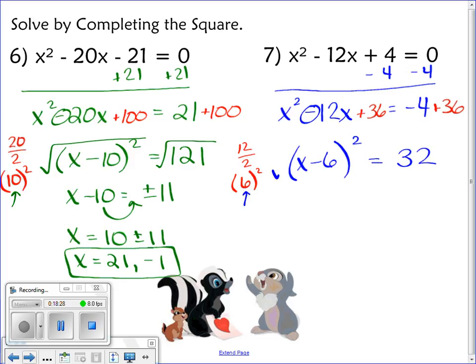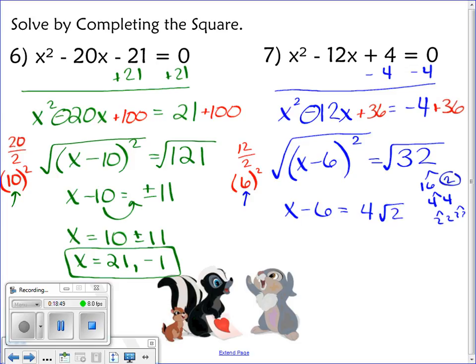All right, your next step is to take the square root. This is just what we learned yesterday. I'm going to have to do a factor tree here. So 16 and, yeah, you're going to end up with 4 radical 2.